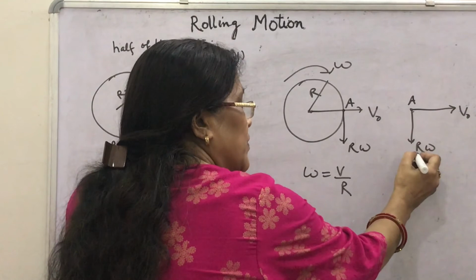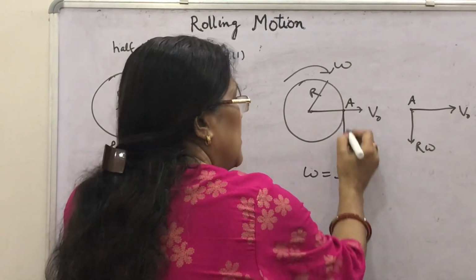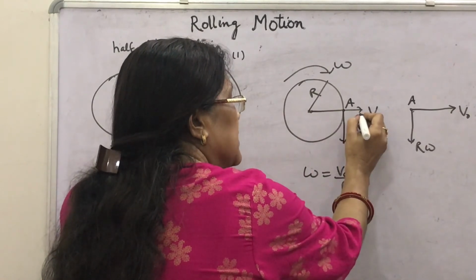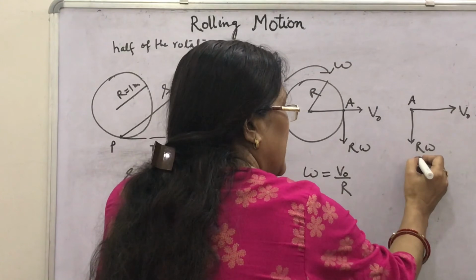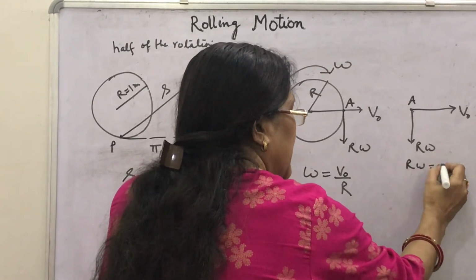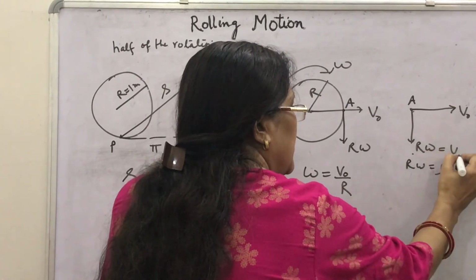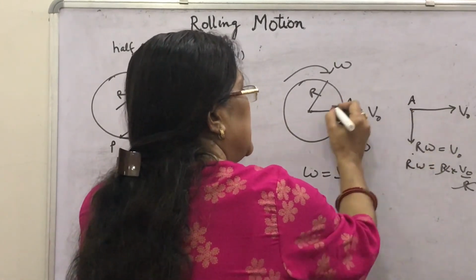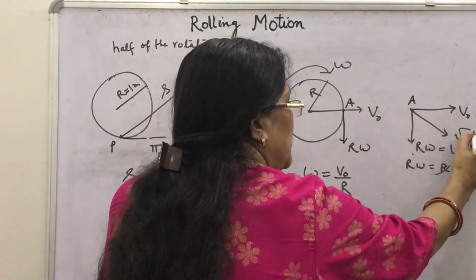Put here, what will you get here? This v naught, omega is velocity of the center of mass divided by r, so v naught by r. Here you will write this r omega will be r into v naught by r, that is this will also be v naught. Then what will be the velocity at point A? Resultant of these two, that is root 2 v naught.